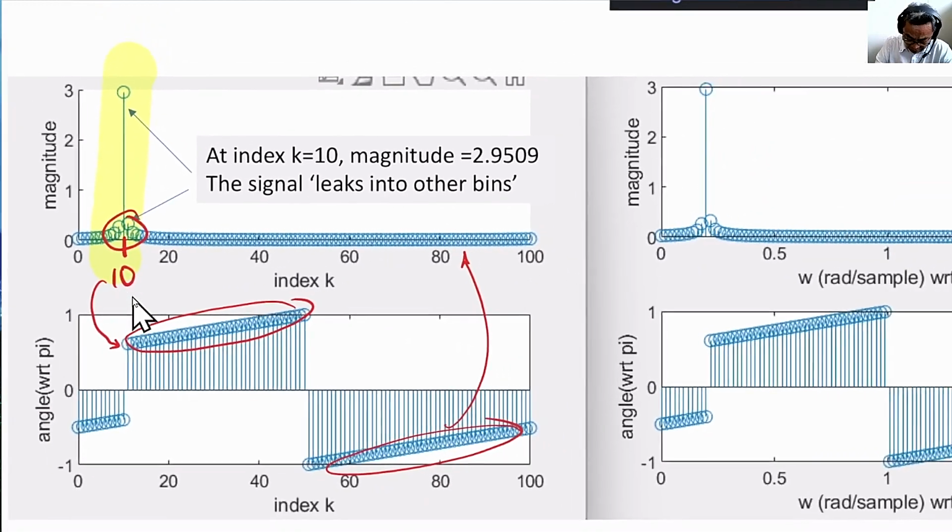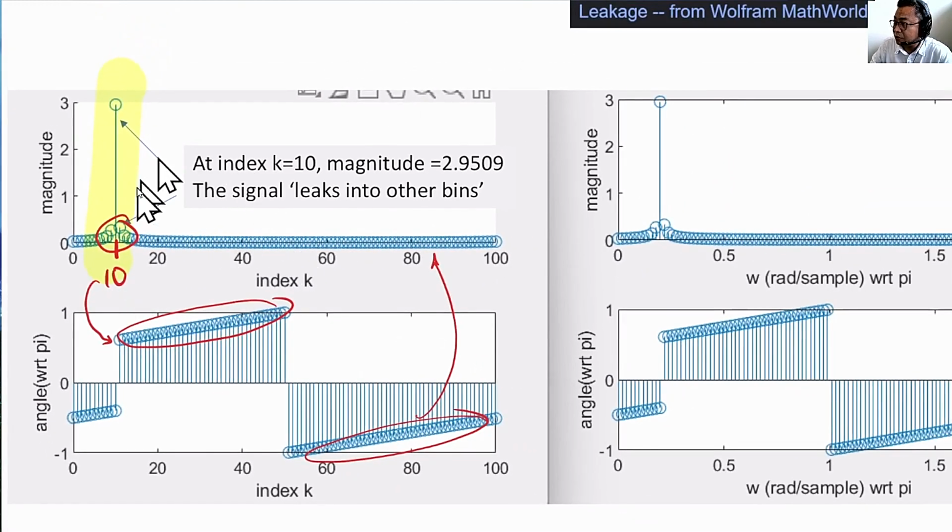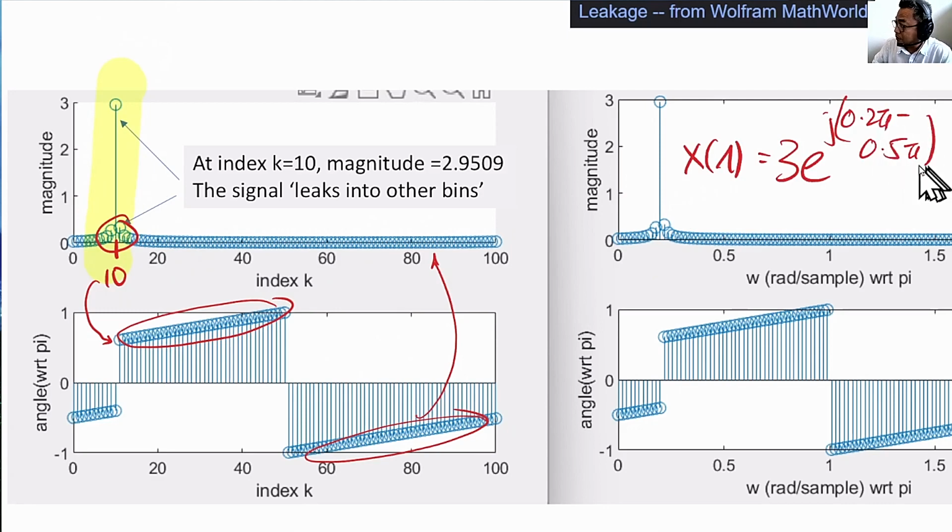But here, maybe if you do not understand the term spectral leakage, you'll think that there is an amplitude at index 10 with some amplitude here. But since we have generated only this real equation, which has an amplitude of 3 at 0.2 pi and a phase shift of minus 0.5 pi, there should be no other information here.